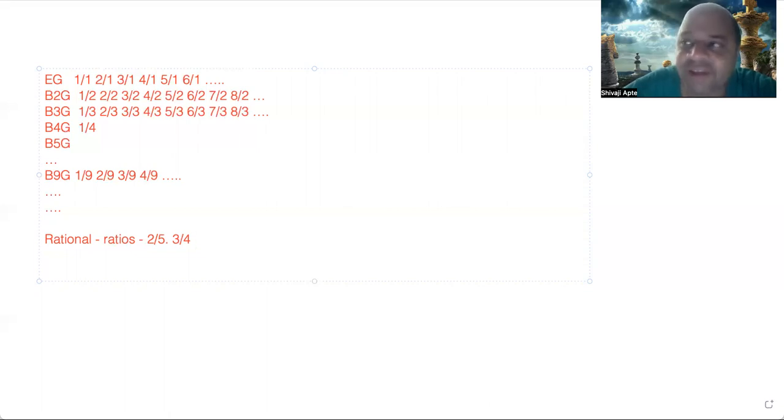Now if you say 2 by 5, it is somewhere between 1 by 3 and 1 by 2. 2 by 5 is 0.4. Now, which is closer? But if you go between 2 by 5 and 1 by 2, there is some other number in between also. And there is no end to it.